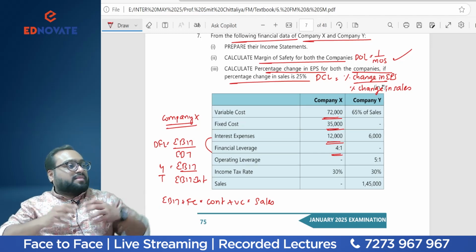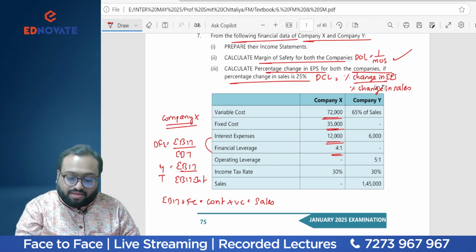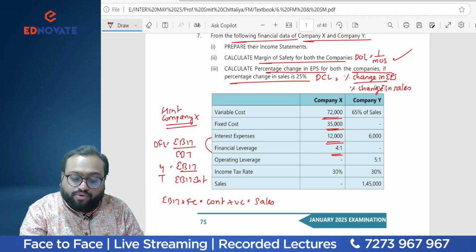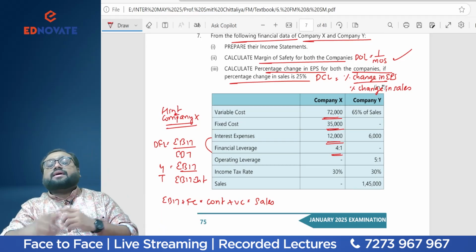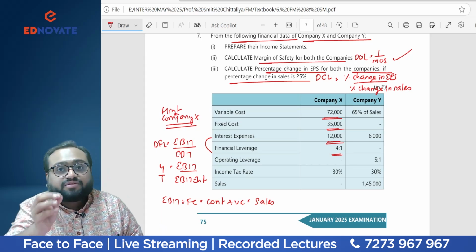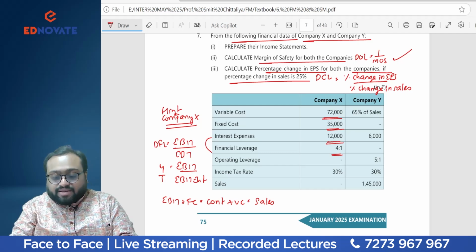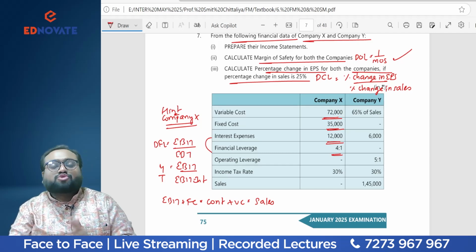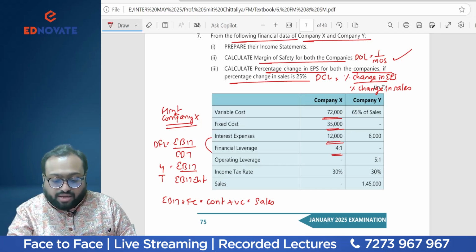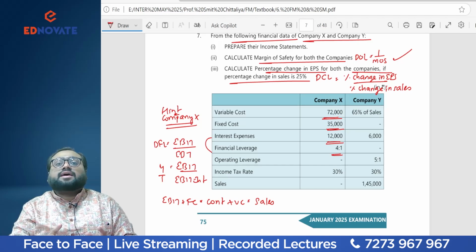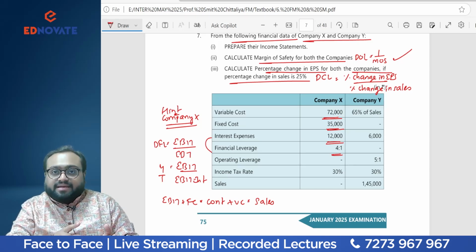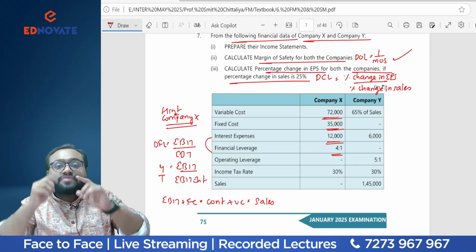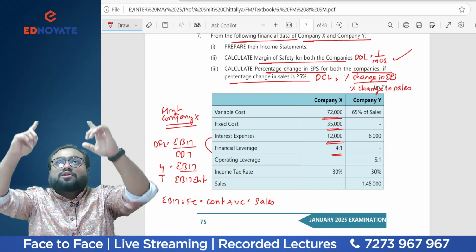Hope so, students. What I'm saying, this is a hint area. This is how you need to approach your questions in the exams so that you can very easily solve the entire sum with minimum time. These are fantastic questions, very easy to solve. So how I approach: I found out the relationship between interest and financial leverage. I got EBIT. With the help of EBIT plus fixed cost, I'll go up in the reverse order in the income statement.